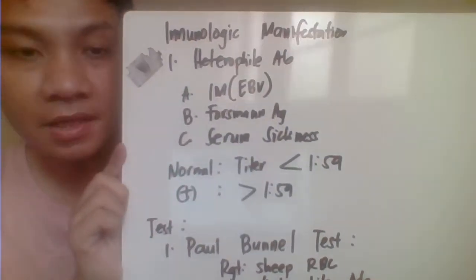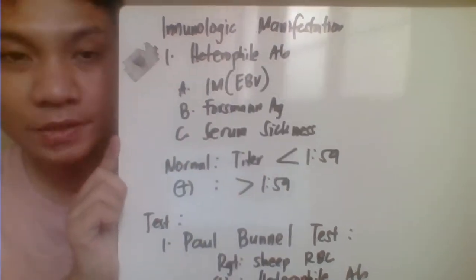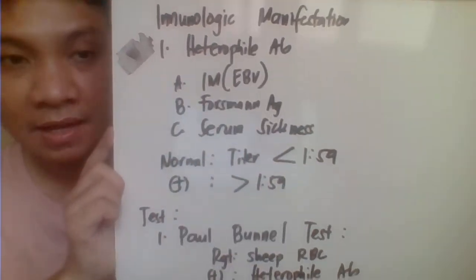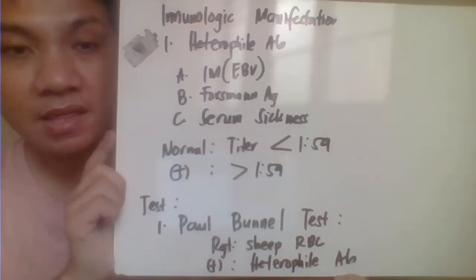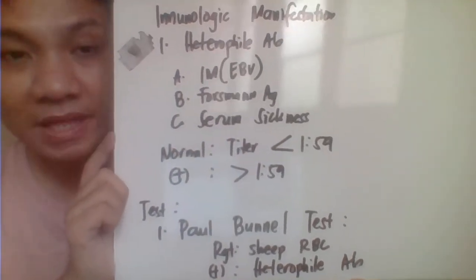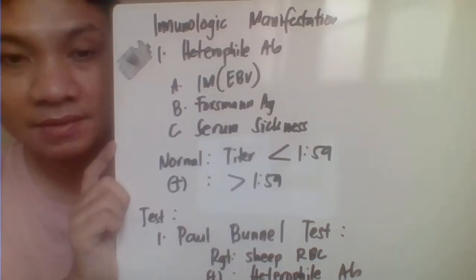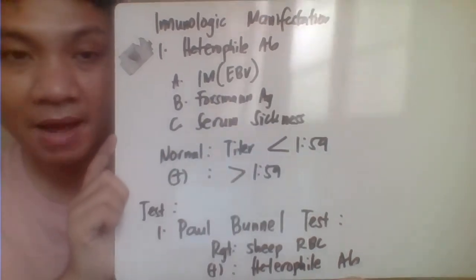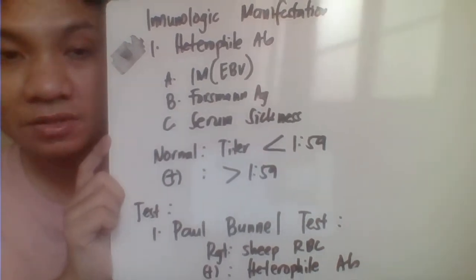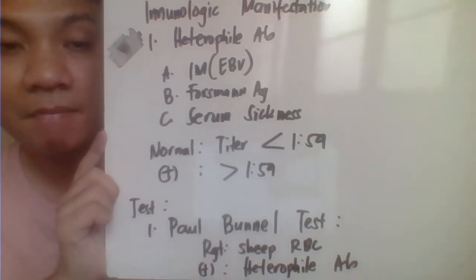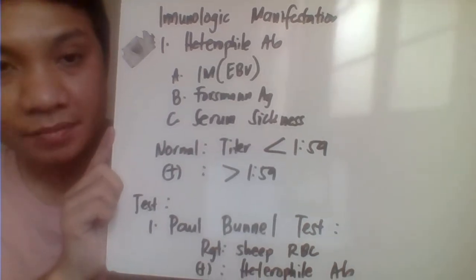Okay, then we have the immunologic manifestations related to Epstein-Barr virus infection. First, we have the heterophile antibody. We define heterophile antibody as the broad class of antibody that cross-reacts with different surface antigens from different mammalian species.